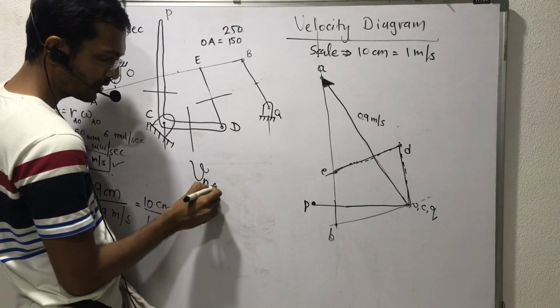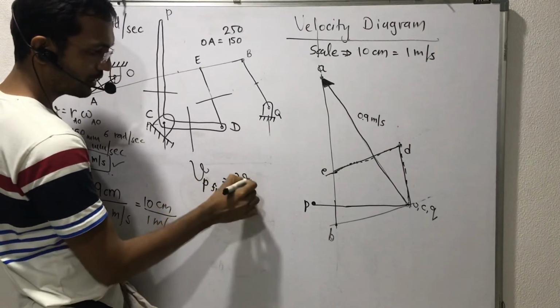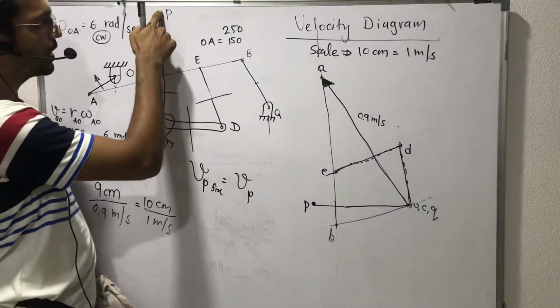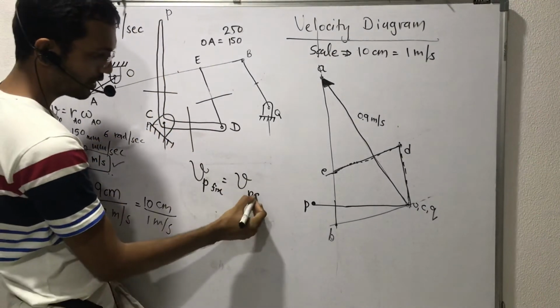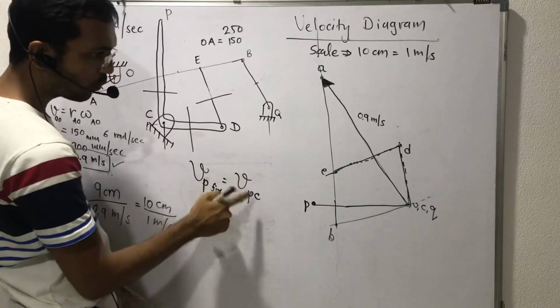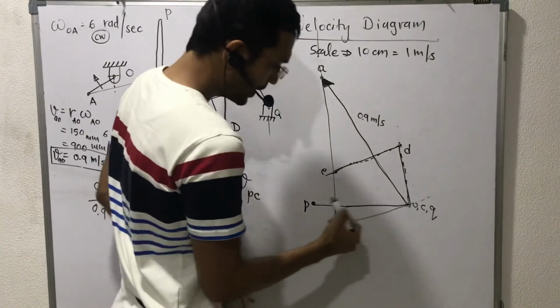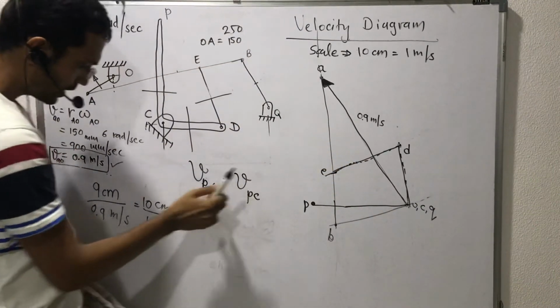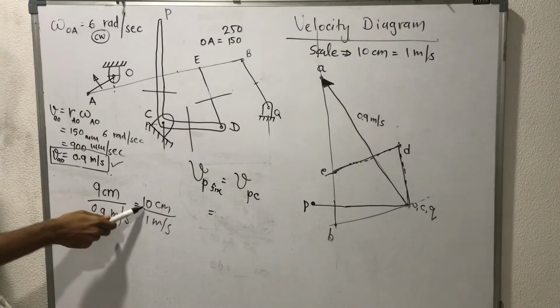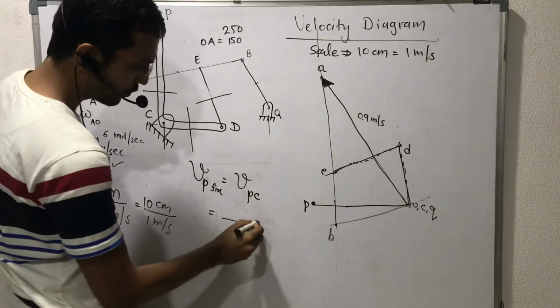Which point is fixed? P is connected with C, and C is fixed. So it is PC. Now measure the P to C distance in centimeters, convert it into the appropriate scale, and write it in meters per second.